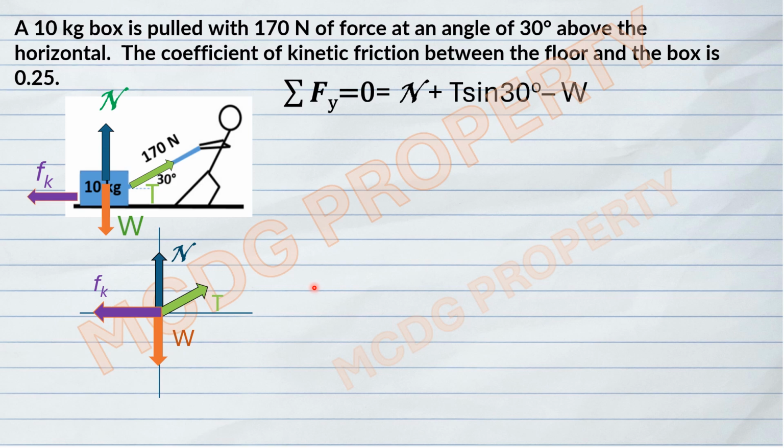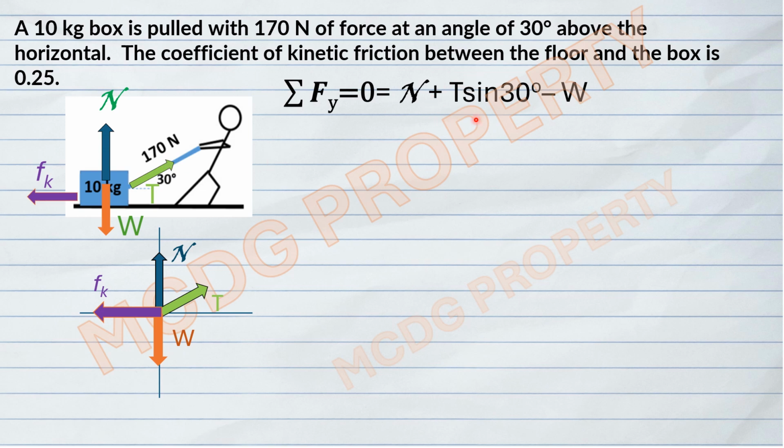So we get now the summation of forces along the y. The summation of forces along the y is 0 because along the y we know that the box is in equilibrium. And the forces along the y are the normal force plus the y component of the tension.